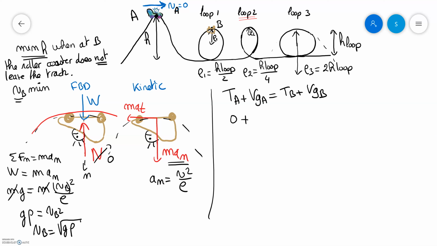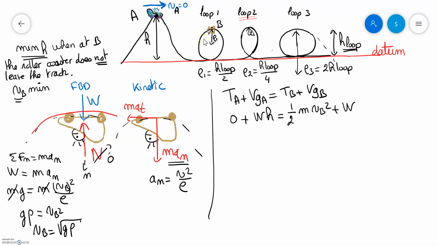We need a datum, so let's put the datum there. That's the 0 for the potential energy. VgA is equal to W times H, and it's plus because it's above the datum. It is equal to TB, which is 1/2 m VB squared, plus W times the height of the loop.